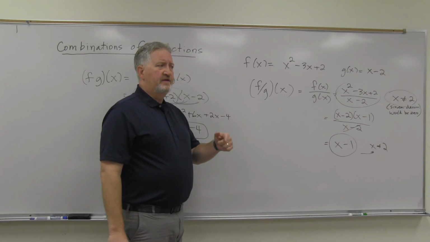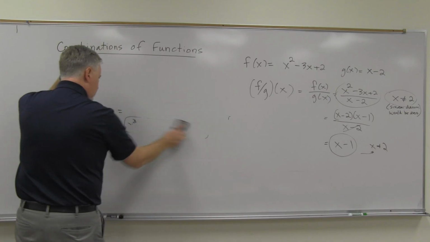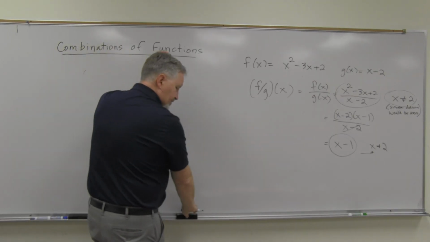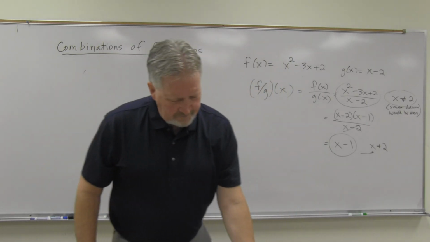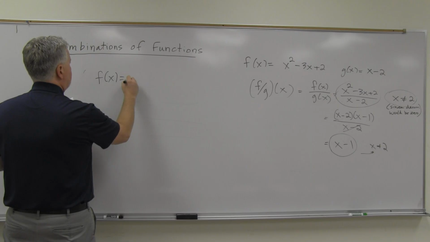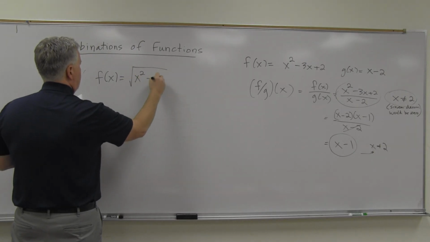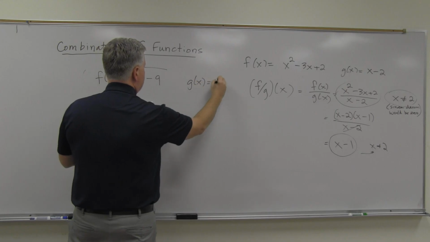One other type on this is, okay, so let's change our functions up here. Let's do f of x equals x square root of x squared minus 9, and then g is 5x minus 7.